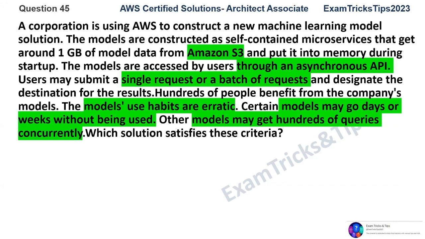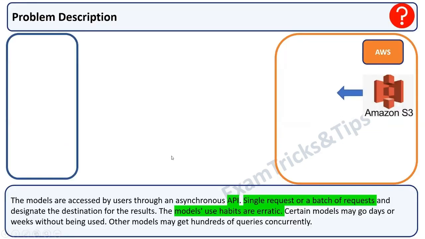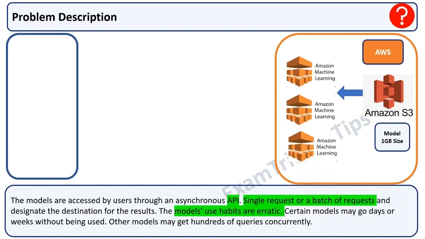It's a very wordy, long question. Let's understand this question from a problem overview perspective. So what we have here is there are some machine learning models which are stored in Amazon S3. Its model size is about 1 gigabyte. And these machine learning models are loaded in memory at runtime. And these machine learning models are accessed by users.